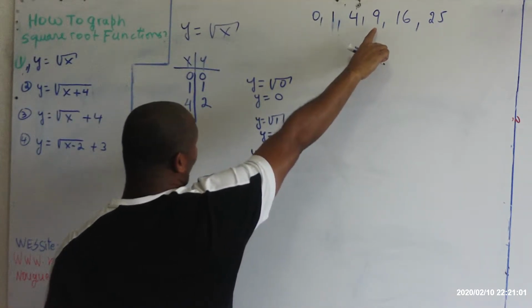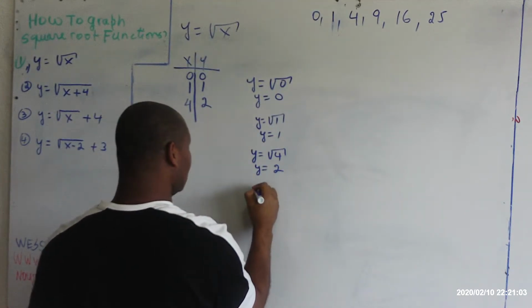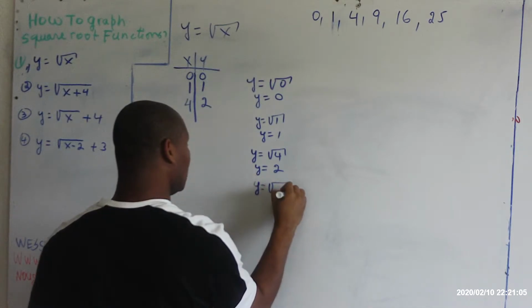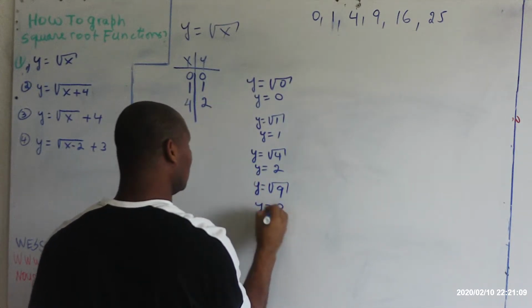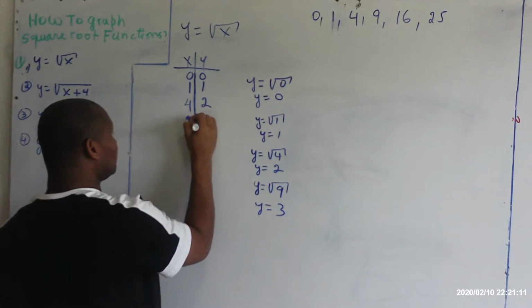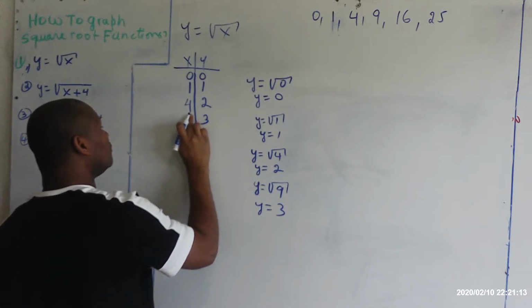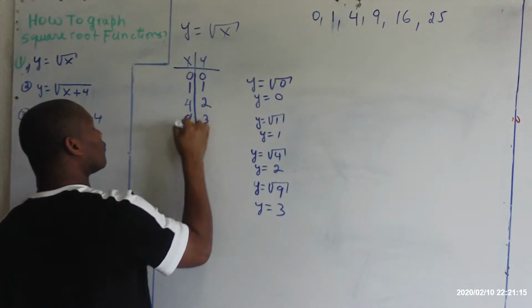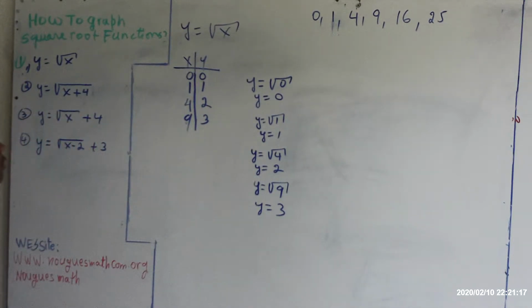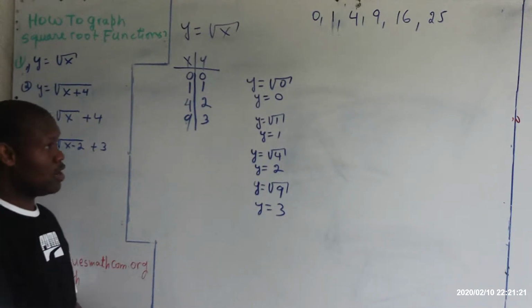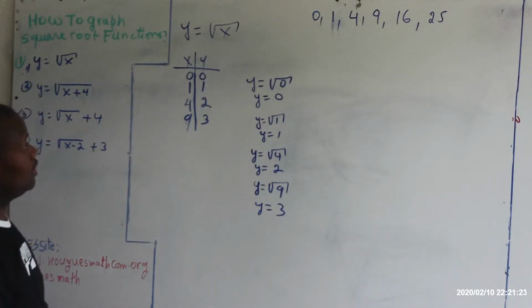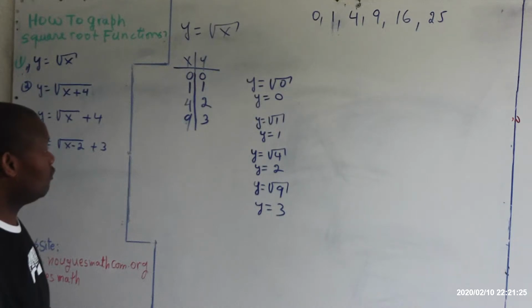So 4 gives 2. We can use 9. The square root of 9 is 3. Basically, we don't need more points. We can consider those points to graph this radical function, this square root function.